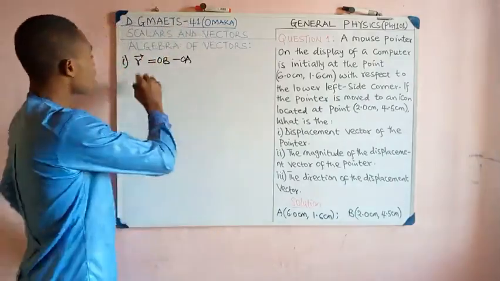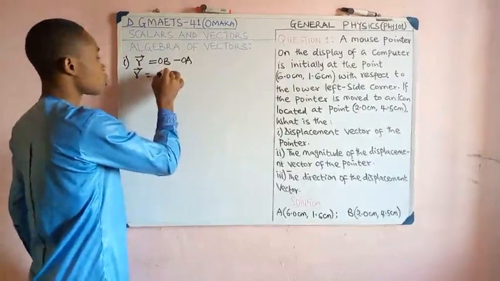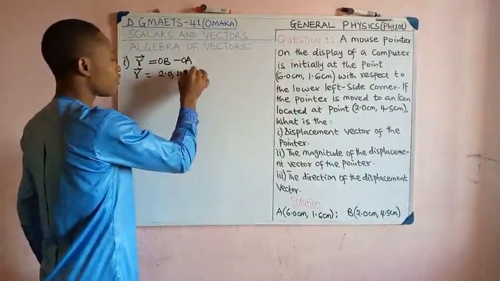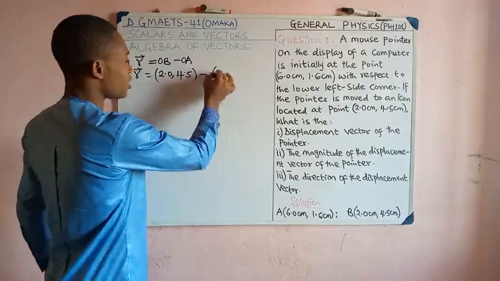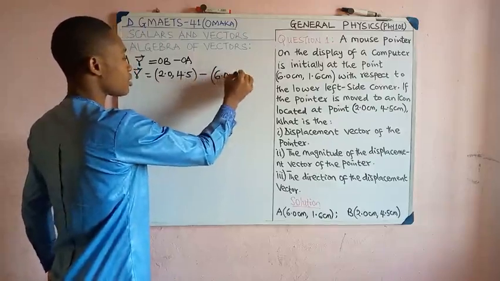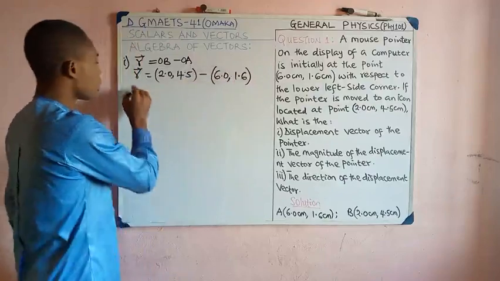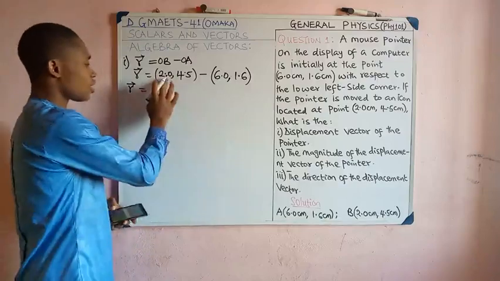Are you ready? So we go ahead, and then this is going to give us, our point B is given with the coordinates 2.0, 4.5 centimeter, and then that is minus OA. Our point A is 6.0, and then 1.6. Good. So the displacement vector is now going to be, let's do the subtraction and see. Alright.